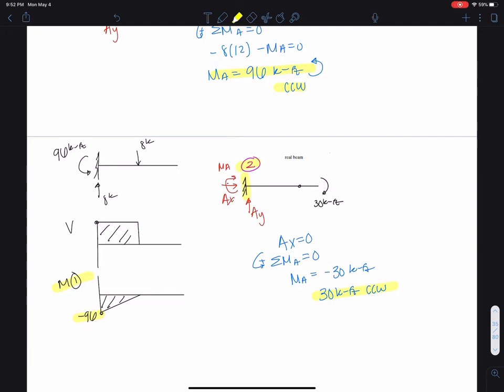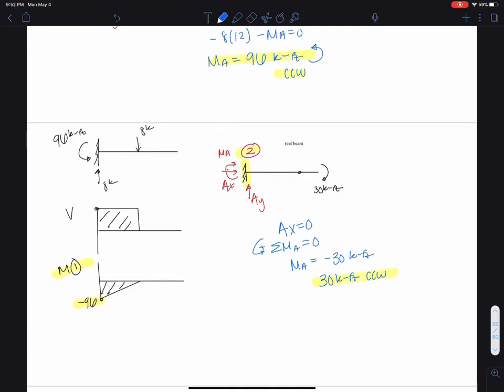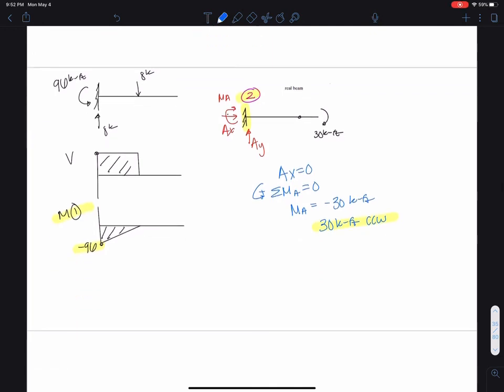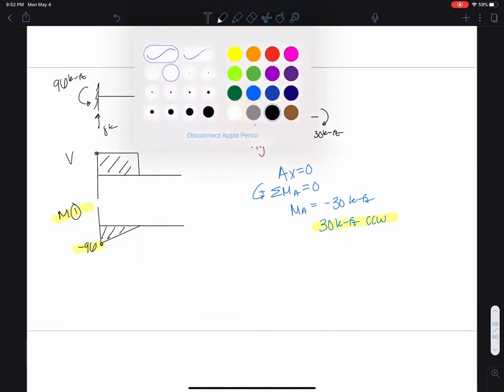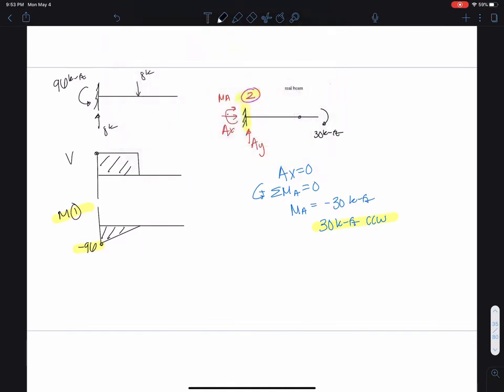Okay, so we have no shear for this part, and we do have a moment diagram that's constant.